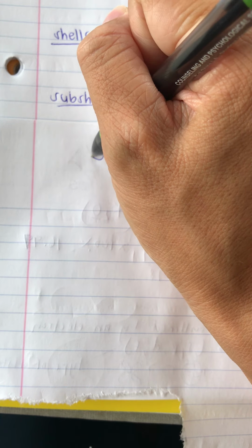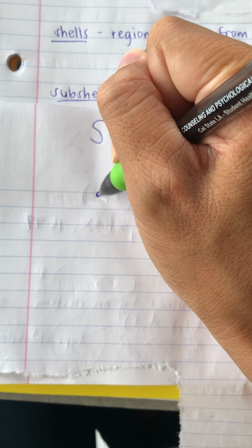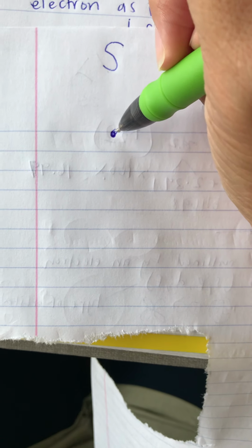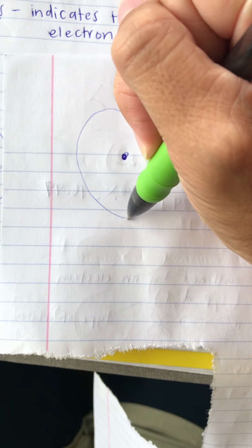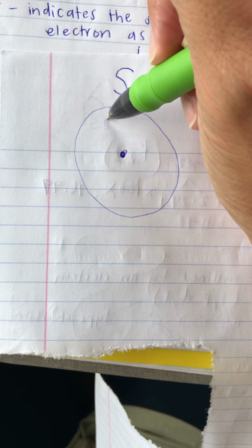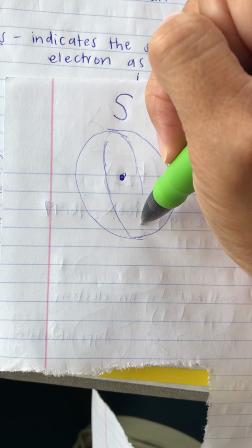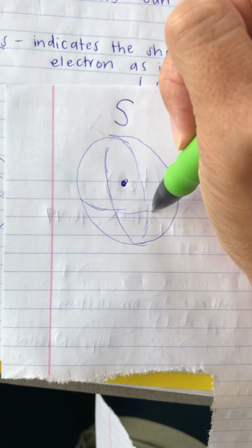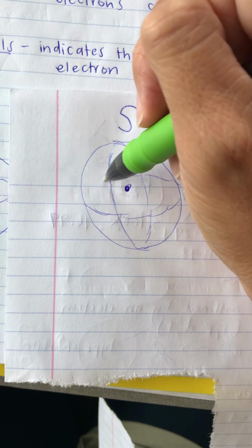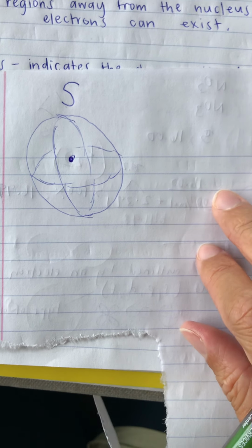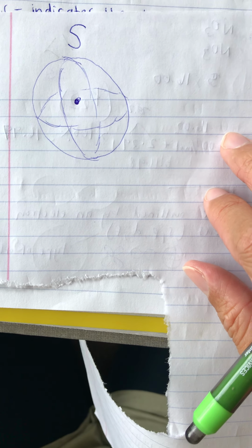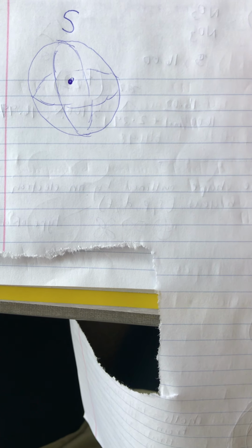So if this is the S, this is the nucleus, and this is the electron, which can travel like this and like this around the nucleus. That's going to be the first type of orbital.